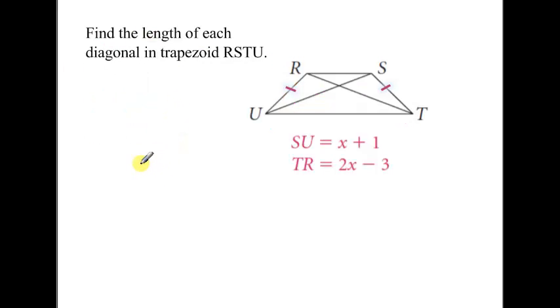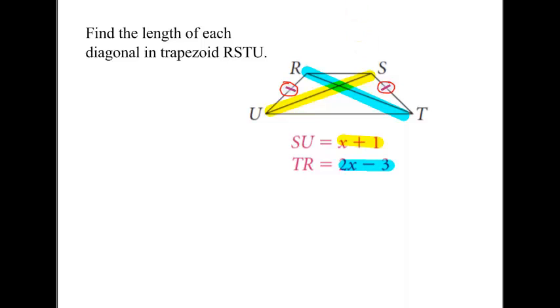How about this guy? This is isosceles. See the tick marks. There they are. Congruent legs. And we're going to find the lengths of the diagonals. Let's look at our given. We know from S to U here is x plus 1. And from T to R right here is 2x minus 3.